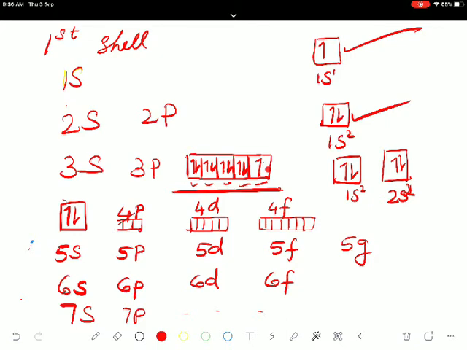Half filled and completely filled orbitals are more stable. So I am rubbing one from here and it will go here. Okay, copper, then zinc. So this much you have to learn.